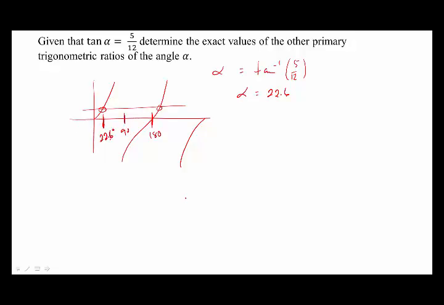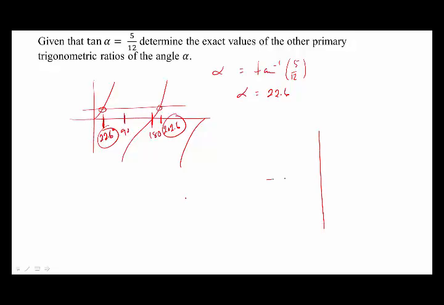The second one is 22.6 degrees away from what? It's ahead of the 180. So I would have to add 180 to that, and we get 202.6. So those are my numbers.